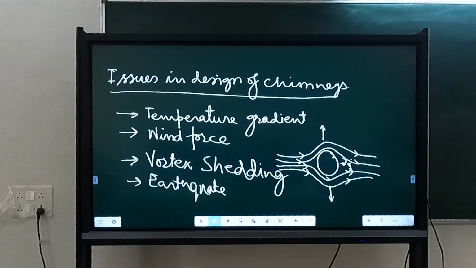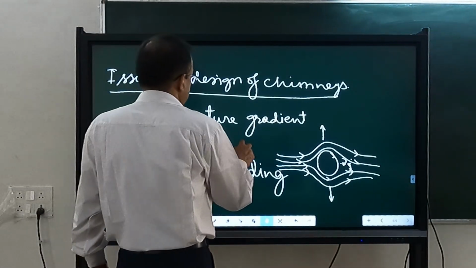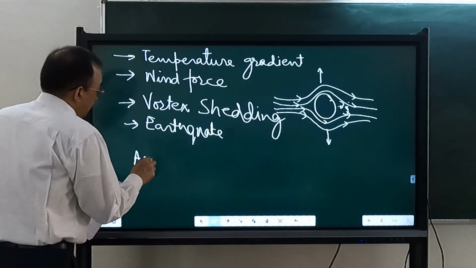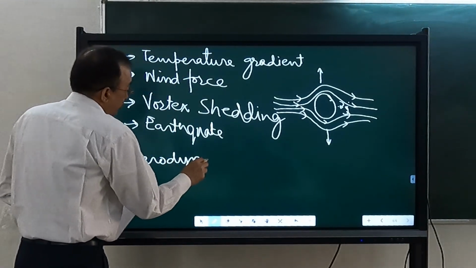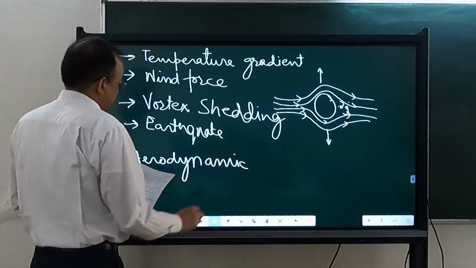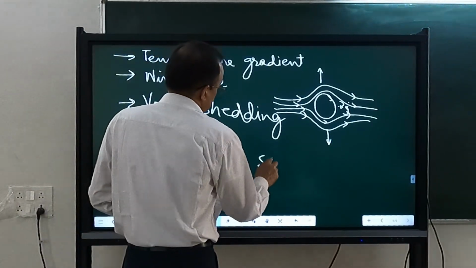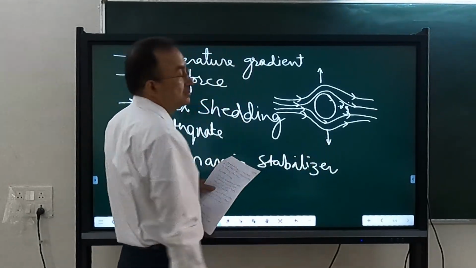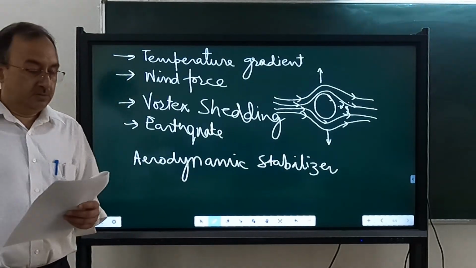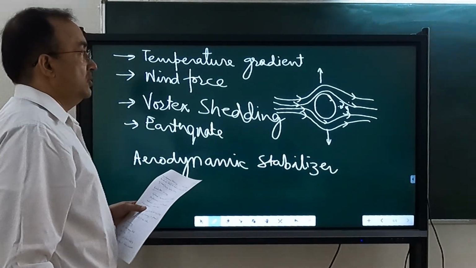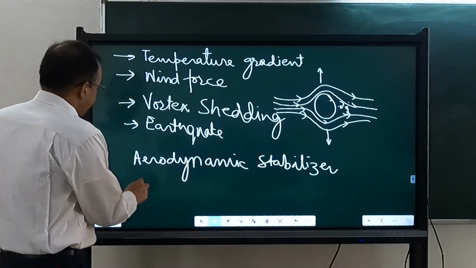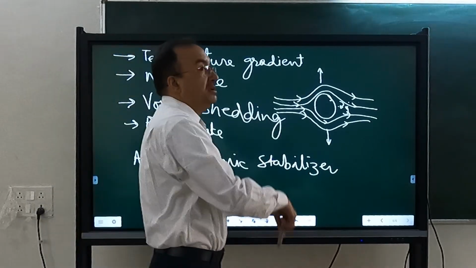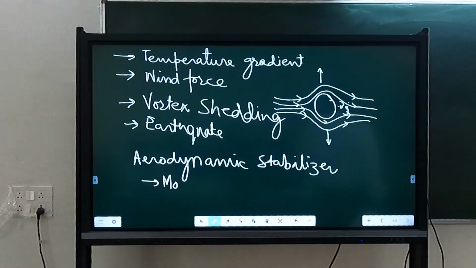Sometimes what we do, we provide what we call aerodynamic stabilizing, because this aerodynamics becomes the big problem. So what does it do? It modifies. The problem is when this vortex shedding is matching with the frequency of your chimney.